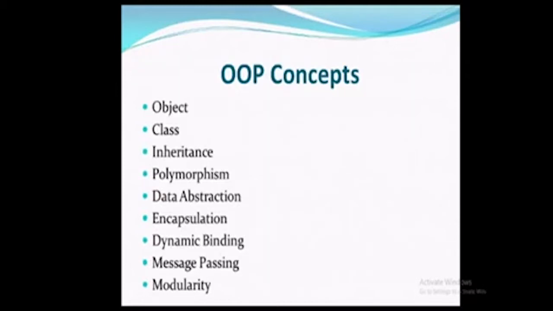Next, OOP concepts. These are the OOP concepts. First one, objects. Objects are the basic runtime entities in an object-oriented system. They may represent a person, a place, a bank account, a table of data, or any other item that a program has to handle. They may also represent user-defined data such as vectors, time, and lists.